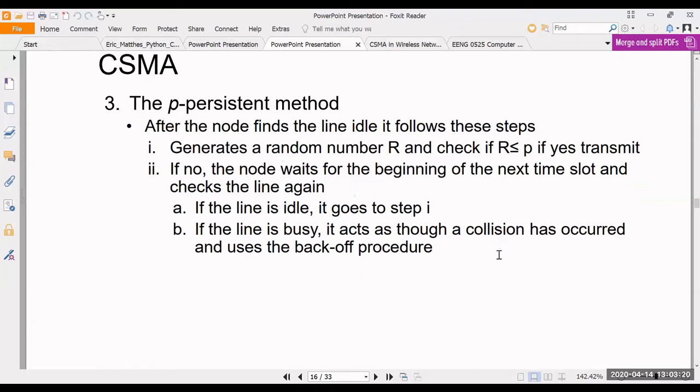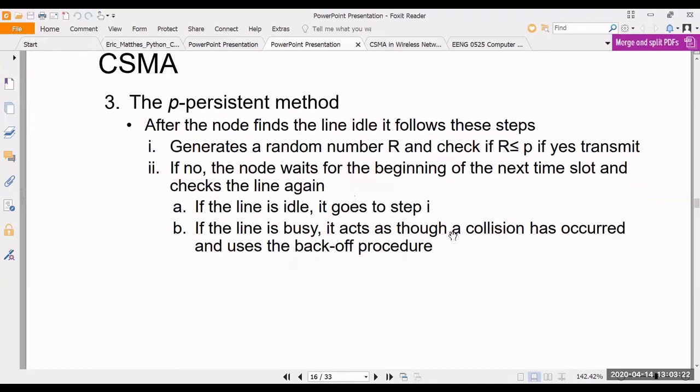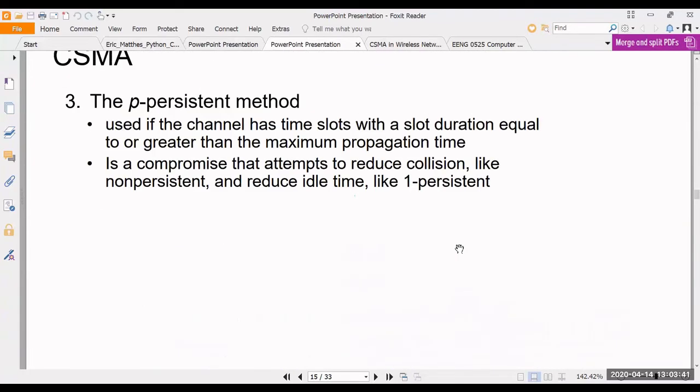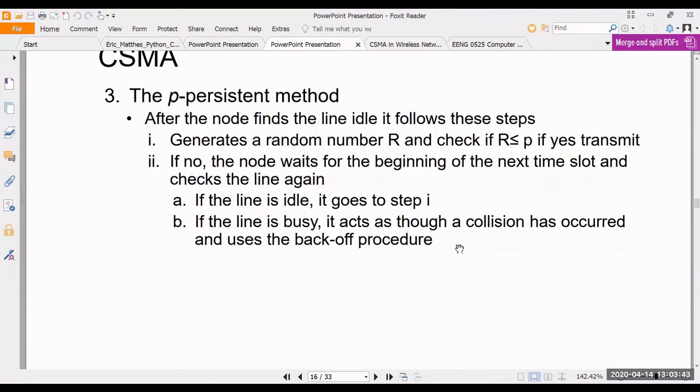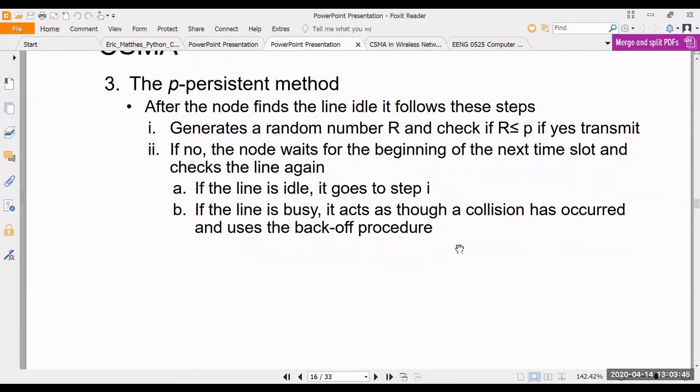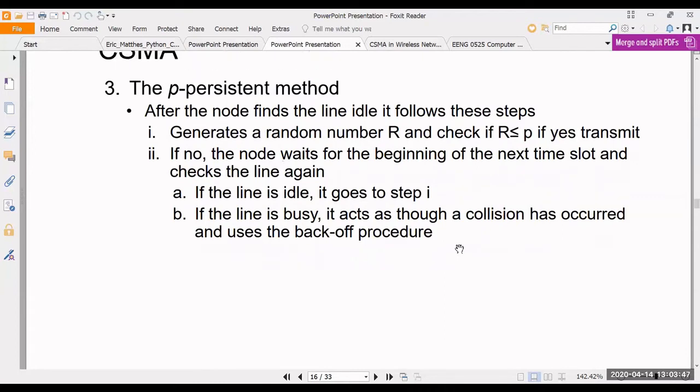Unless I go and check online. For the online version, it's the same approach, but the R was not used there, and it only transmits with a probability of 1 minus P. If that was true, then transmission will happen. So it looks like P is fixed, like you are saying.